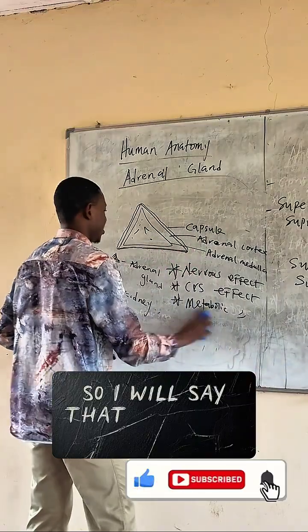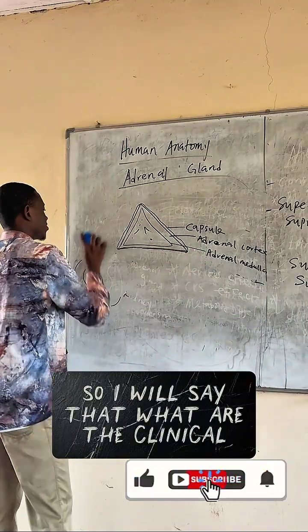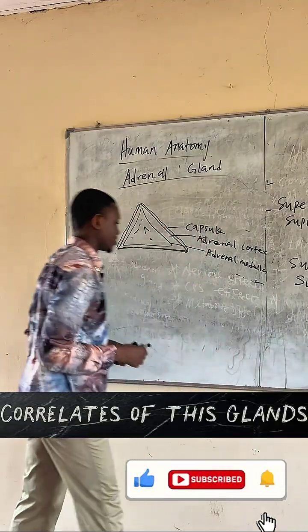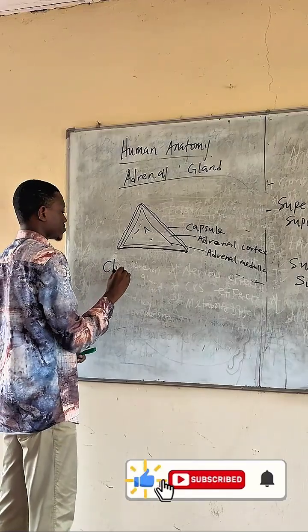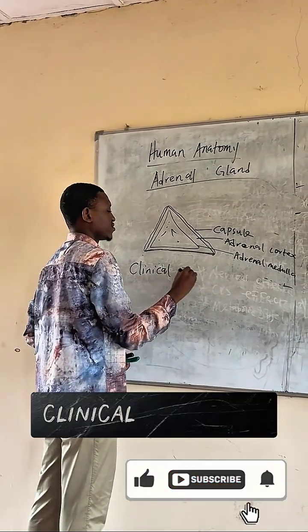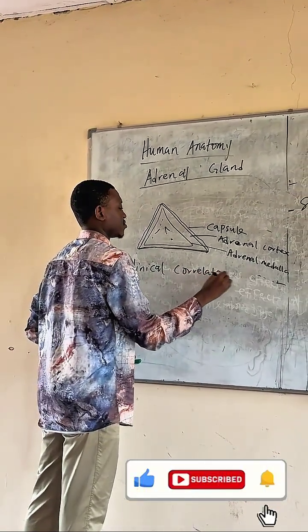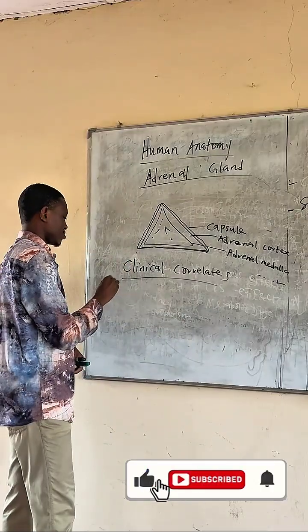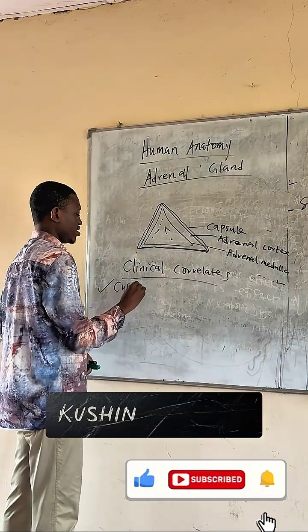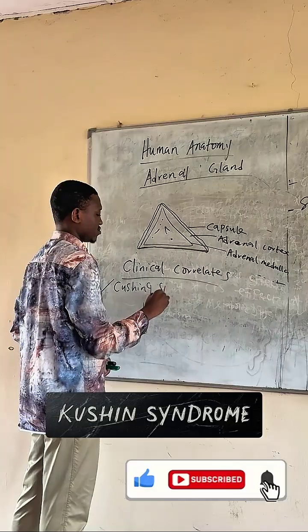So what are the clinical correlates of these glands? Cushing syndrome.